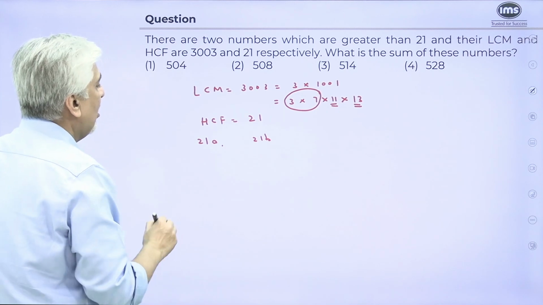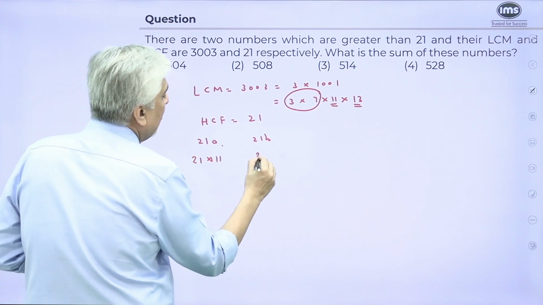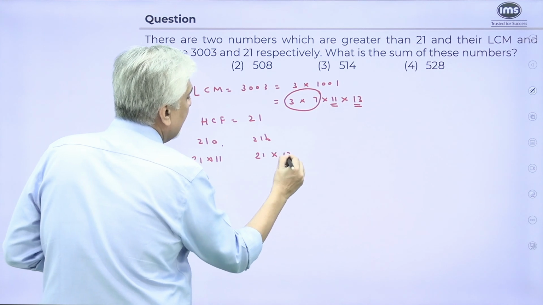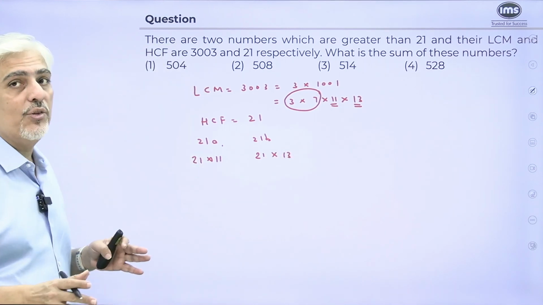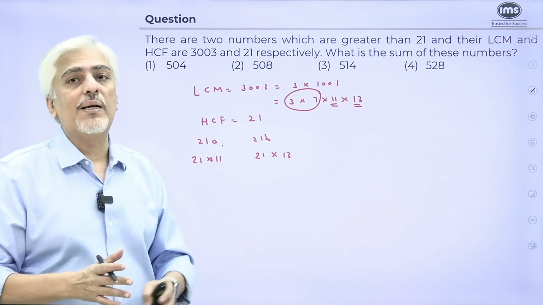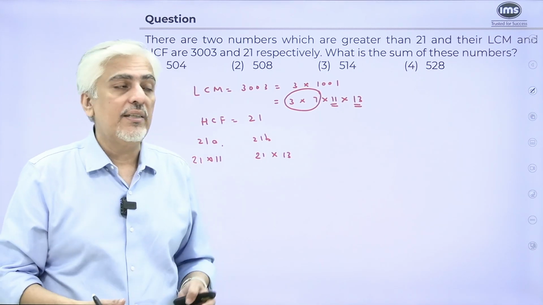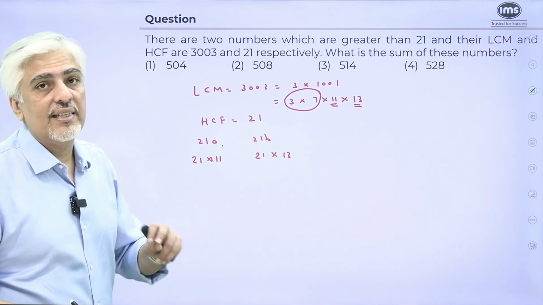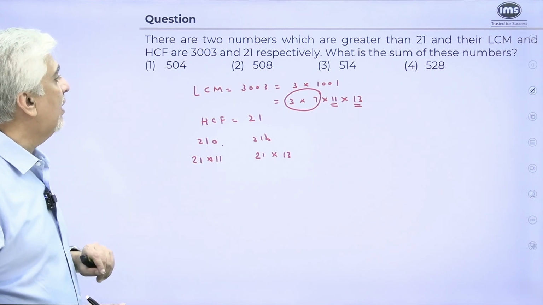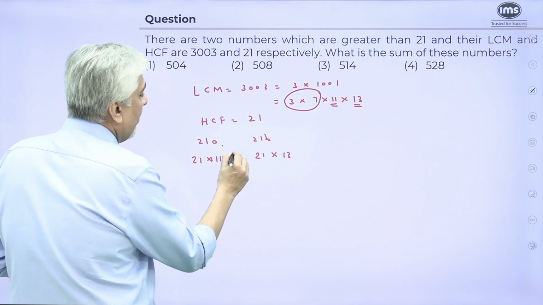So hence, one of the numbers will have to be 21 times 11. The other number will have to be 21 times 13. That's the only choice left. See, if you take 11 and 13 on one side, the other side will become 21 times 1. Well, they have said both the numbers have to be greater than 21. So one of the numbers is 21 times 11 and the other is 21 times 13. What have they asked for? Sum of the numbers. So to add the numbers, I can take 21 common.